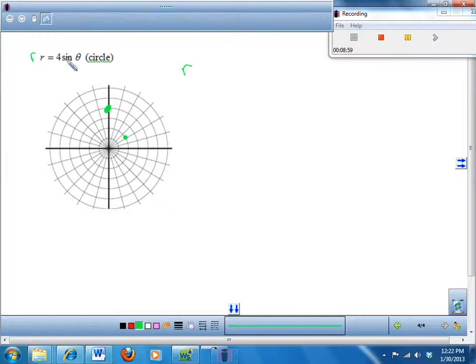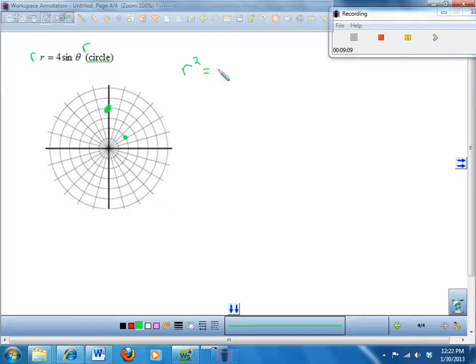So I'm going to multiply this by r, and I'm going to multiply this by r over here, so that gives me r squared, and the r I'm going to put between the 4 and the sine theta so it looks a little more friendly: 4r sine theta. Okay, so r squared equals 4r sine theta.